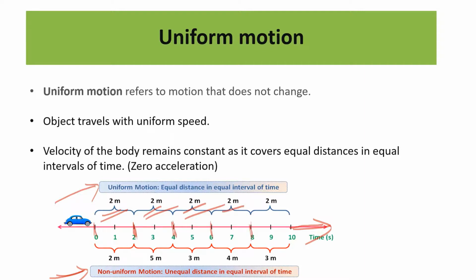Here, this is uniform. Whereas in the case of non-uniform motion, this will not be the same. For these two divisions, here it is 2, then it is 5, then 3, 4, etc. Remember, for uniform motion, the speed will be uniform.